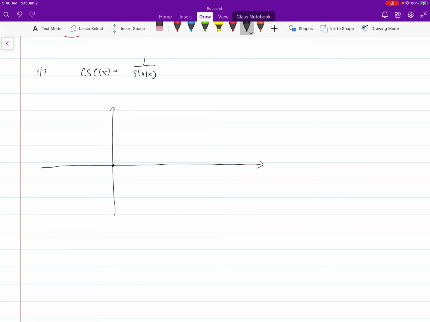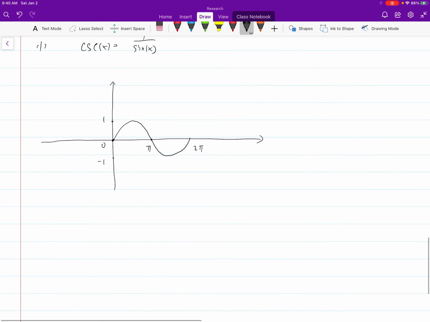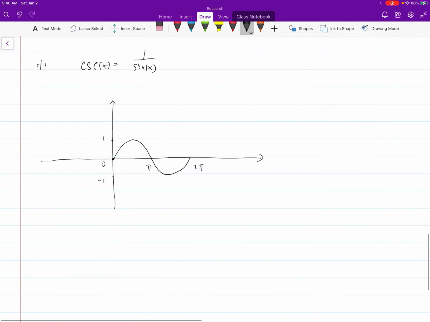So if you could draw sine, you will probably see what cosecant is. So if sine repeats itself after every 2 pi, cosecant of course repeats itself after every 2 pi.